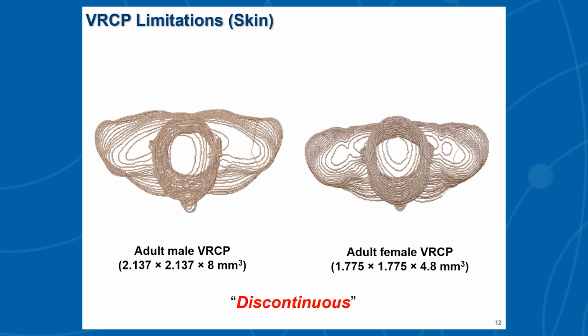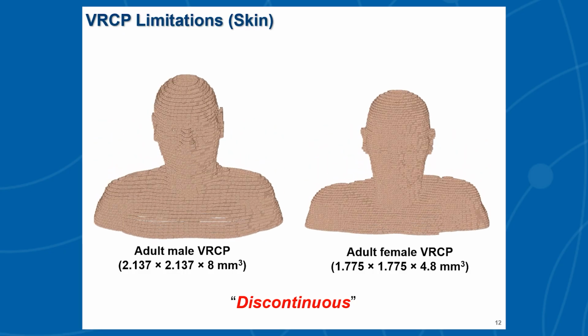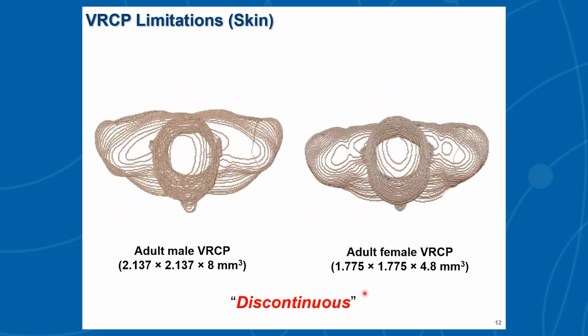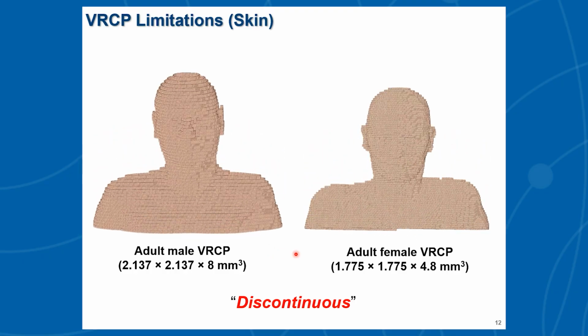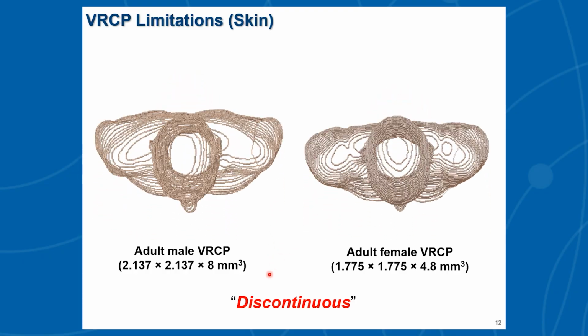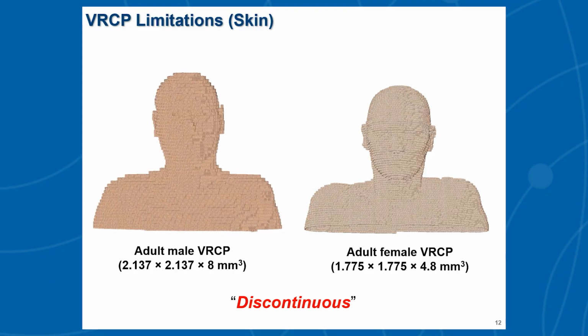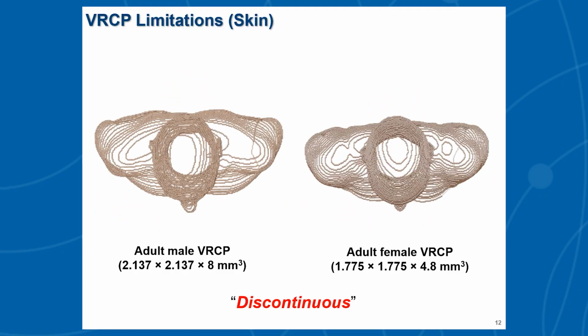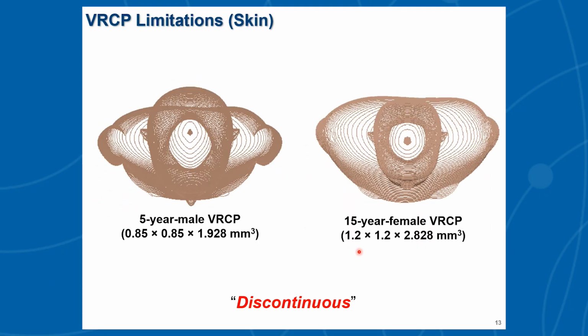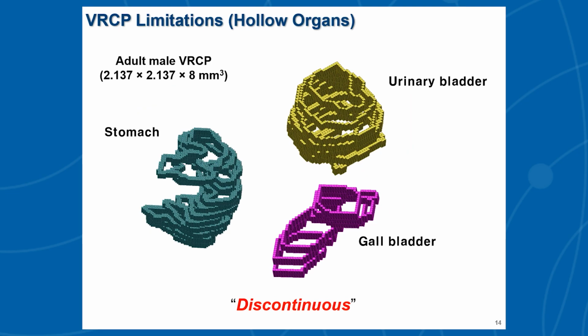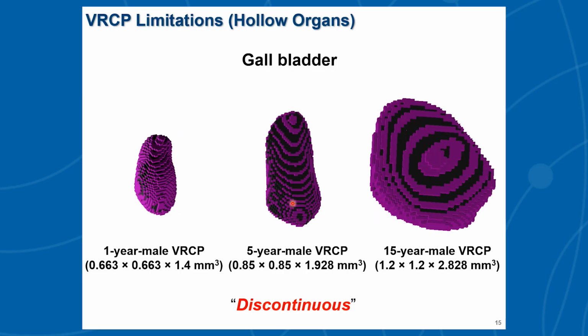For example, a thin structure such as the skin is not continuously represented because the voxel size is greater than the skin thickness, about 1 millimeter. Even the pediatric phantoms have smaller voxel size but still show the same problem in the skin. The same problem can also be found in the hollow organs, not only for the adult, but also for the children.